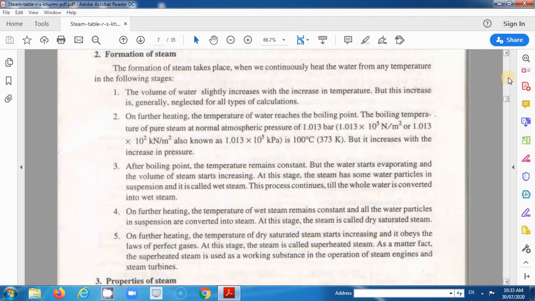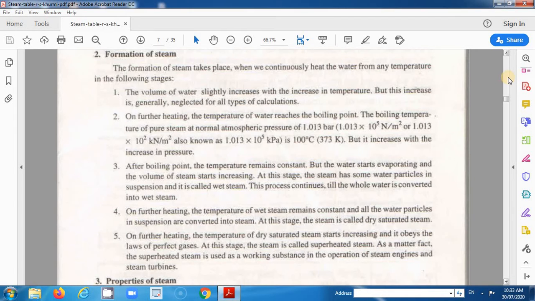The same is written here. The volume of water slightly increases with the increase in temperature, but this increase is generally neglected for all types of calculations. Second, on further heating, the temperature of water reaches the boiling point. The boiling point depends upon the pressure of the water.